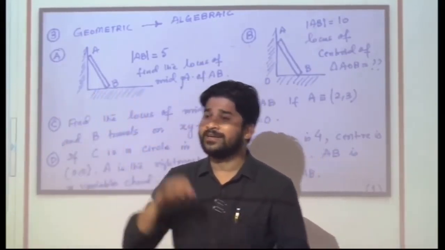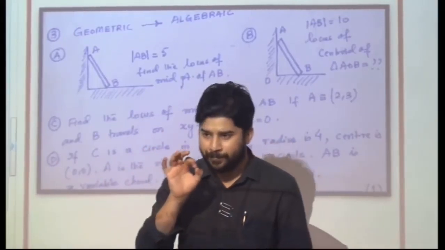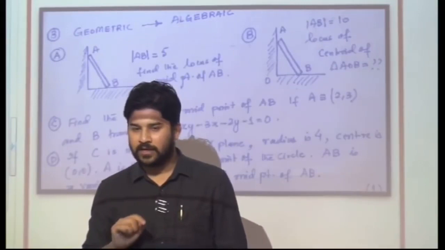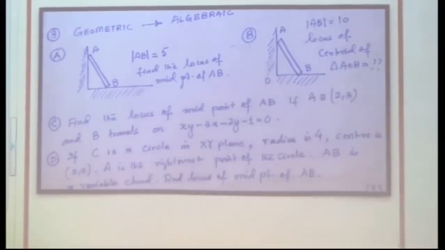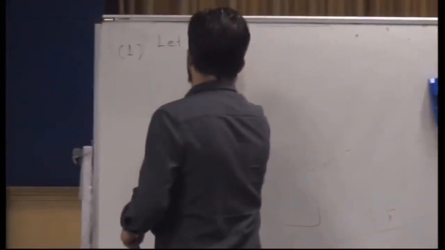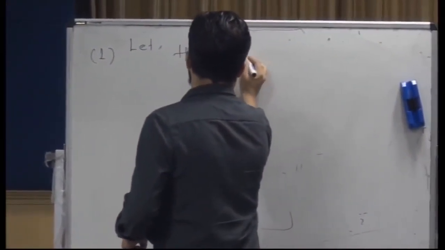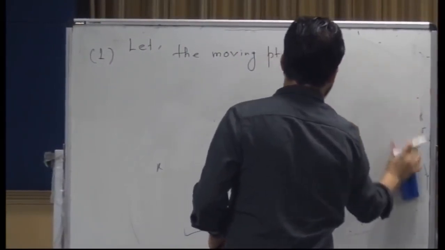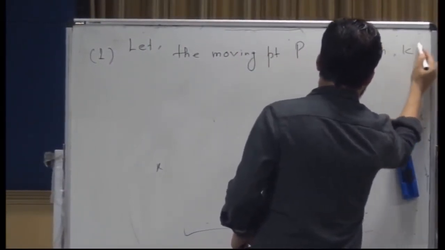So you are going to say, let the moving point P, capital P. Step 1: let the moving point P be H comma K, right?